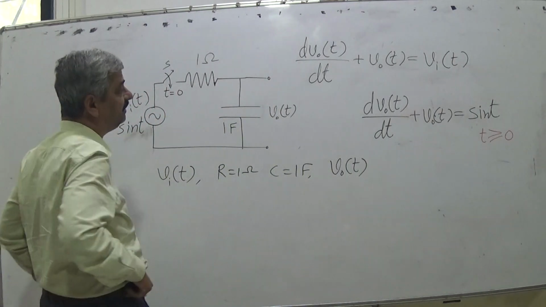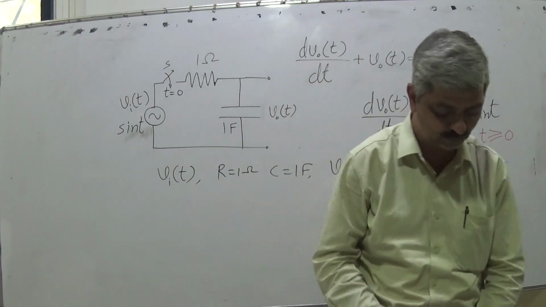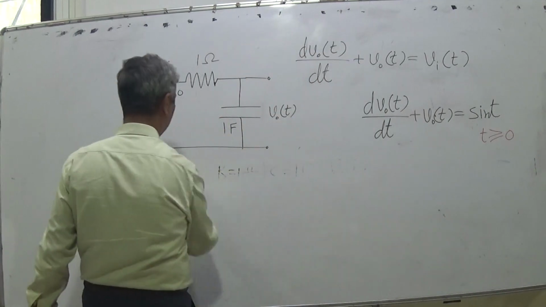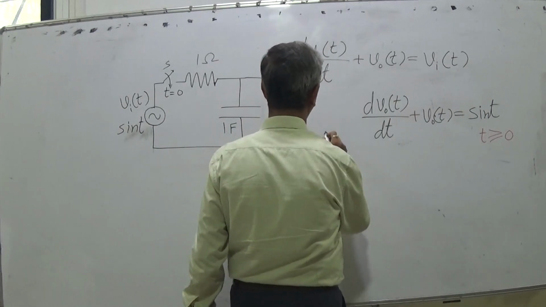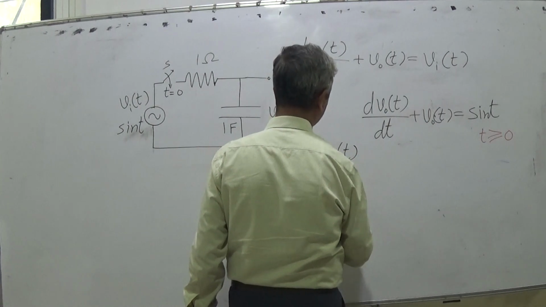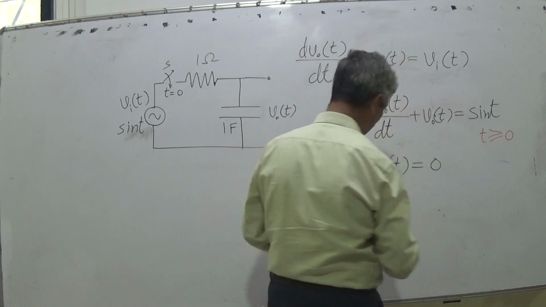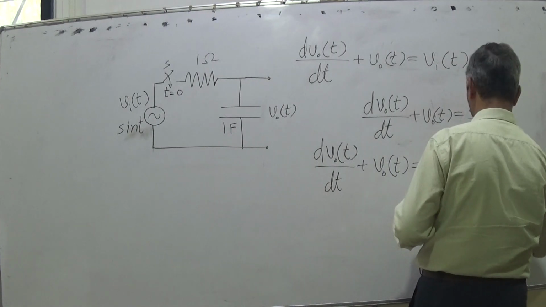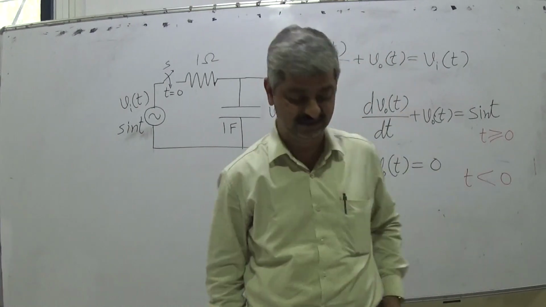And before t equal to 0, what is the situation? Before t equal to 0, Vin(t) was 0, so dVo(t)/dt plus Vo(t) was 0 before t equal to 0. So this is not a single differential equation, there are two differential equations.